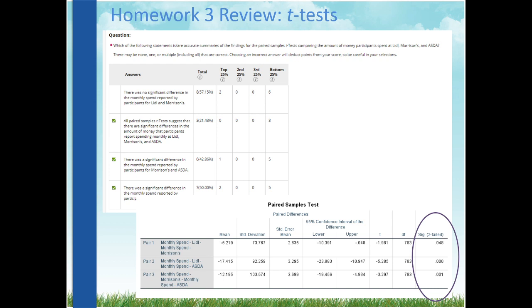So all of these numbers, even the pair 1, the comparison between Little and Morrison's, is 0.05 or less. So that's why the first one isn't possible as an answer. It's an incorrect answer, was because there are significant differences on the monthly spend report between Little and Morrison's. So that's the critical one that it seemed like threw most folks off.